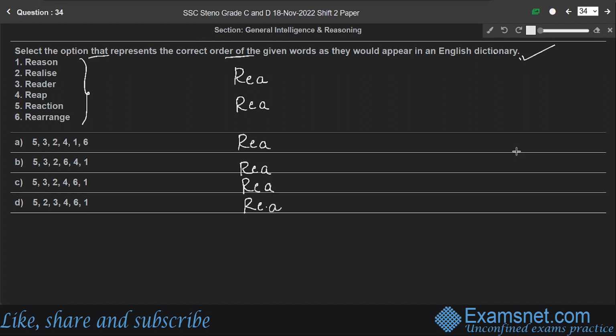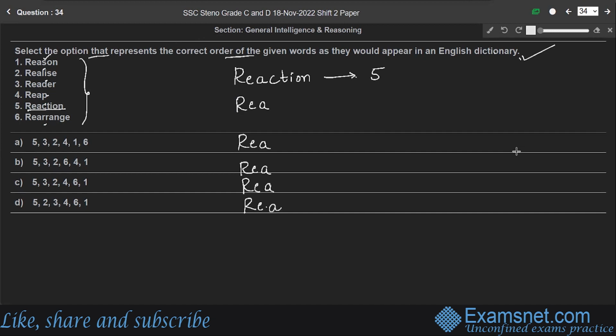We have to arrange these words according to the dictionary, so we focus on the fourth letter. S, L, D, P, C and R are the fourth letters. C comes before the remaining letters, therefore the word reaction comes first, which is the fifth word in the question.